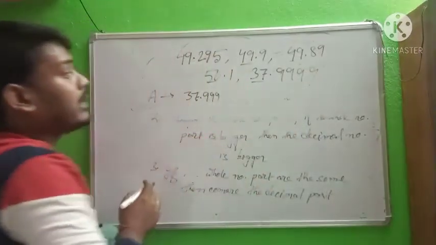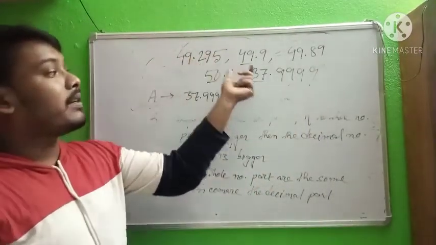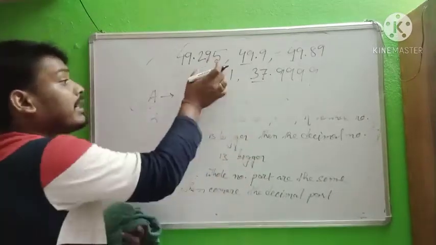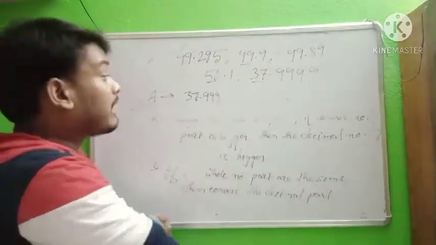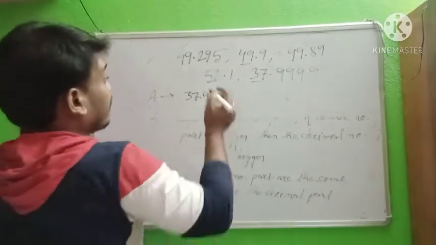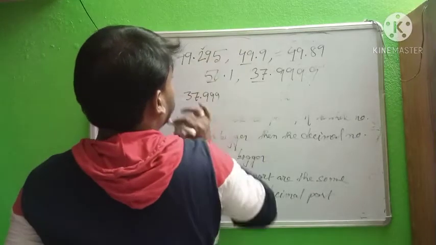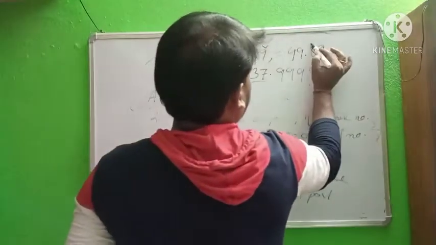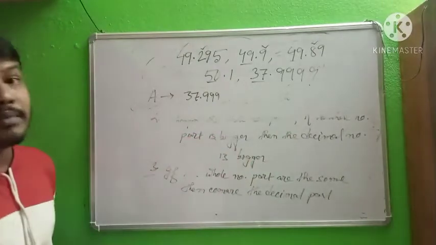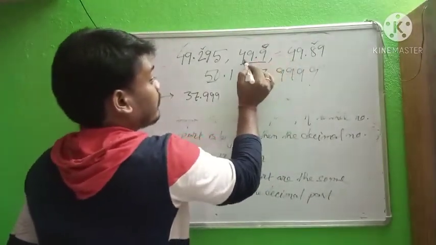In this process, if the whole number part is equal, then we check the decimal part digit wise. In these decimal numbers, the first digit is 2, here 9, here 8. Which one is bigger? 9 is bigger, so this one is bigger.